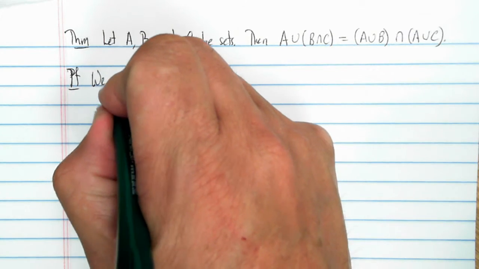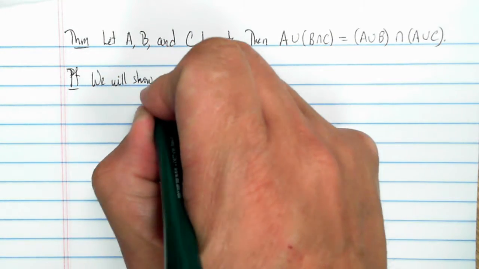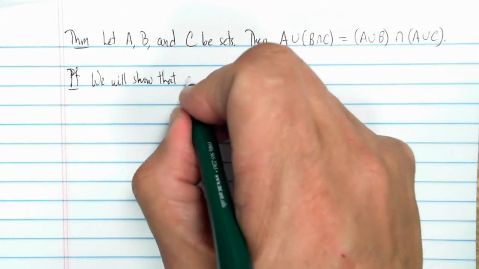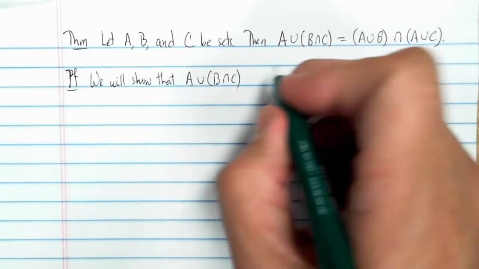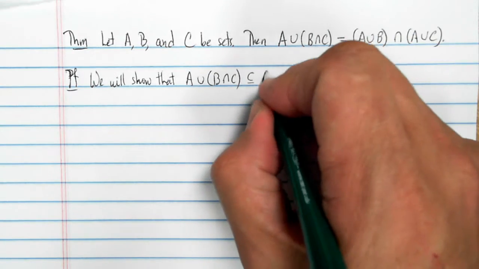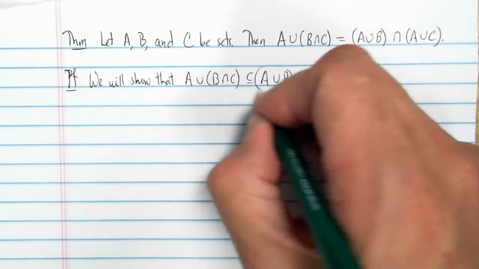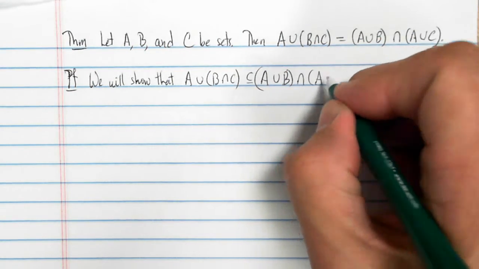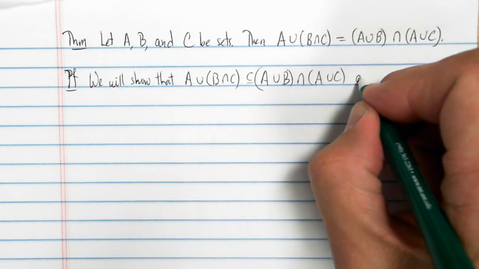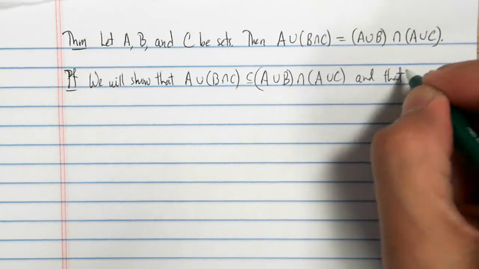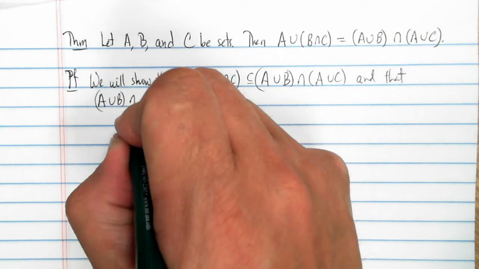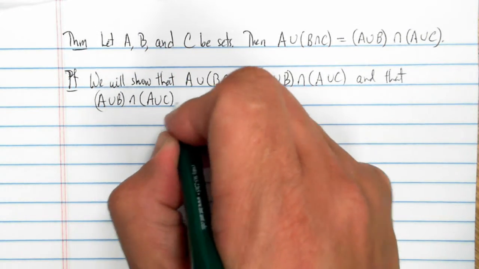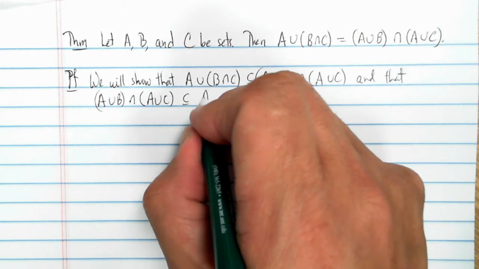So we will show that the left-hand side is a subset of the right-hand side. And we will also show that the right-hand side is a subset of the left-hand side.